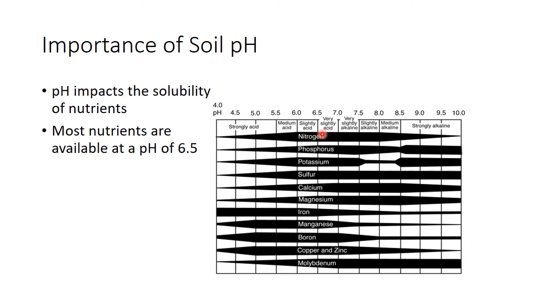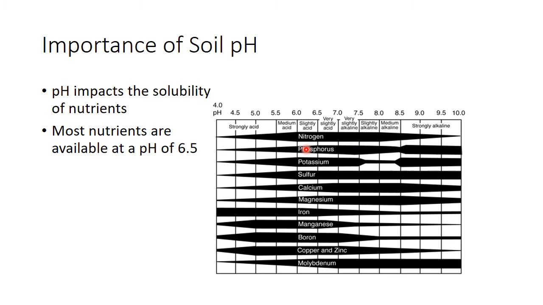There are certain situations where it doesn't apply as well, but in most soils, this is what we experience. And how this graph works is the thicker these black bars, the more of that individual nutrient is available at a given pH. Phosphorus, for example, is most available at a pH of around 7 to 7.5.